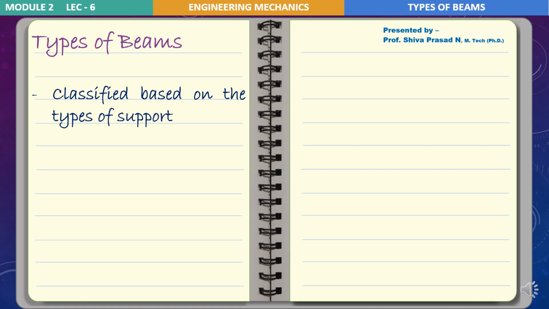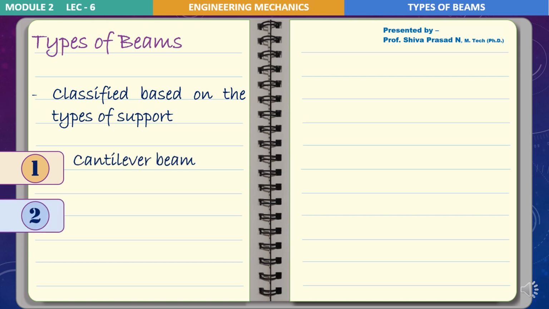So these beams are classified based on the types of support. So that's what I said, you are required to have knowledge on types of supports to go ahead with types of beams. So let's see how many types these beams are classified into. First, we have the cantilever beam.